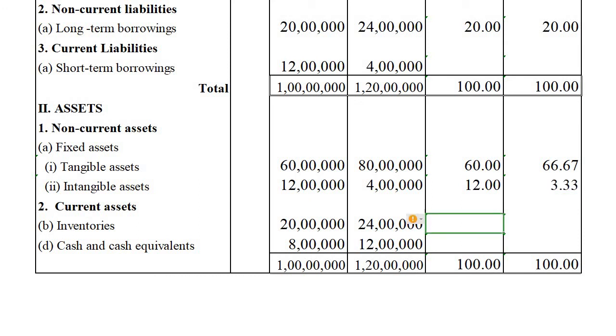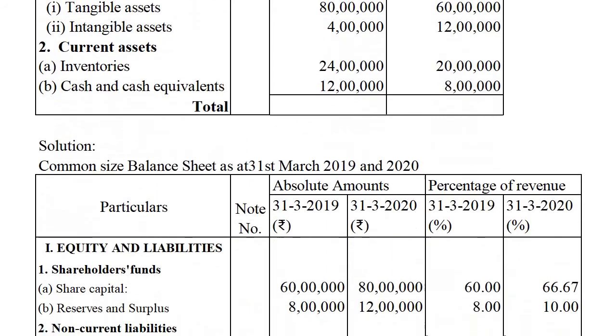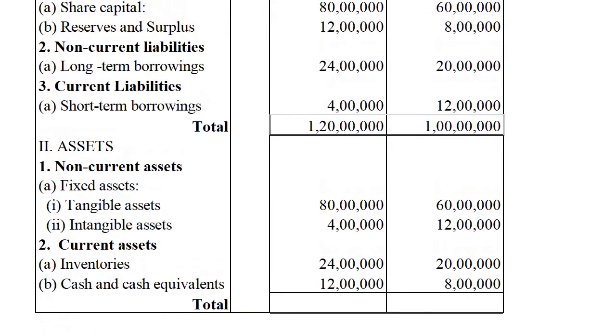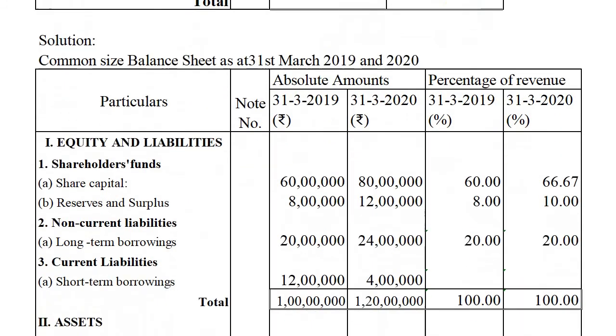For inventories, it is 20% and 20% here also. Next, 8 lakh divided by 1 crore into 100, 8%, and 12 lakh divided by 1 crore 20 lakh into 100, so here 10%. So this is how we prepare the common size balance sheet. I hope all of you understood this.